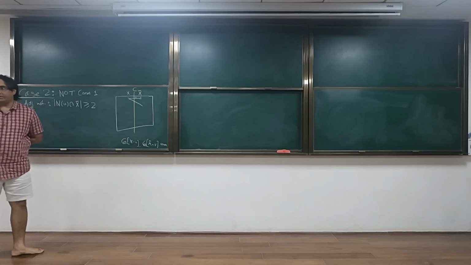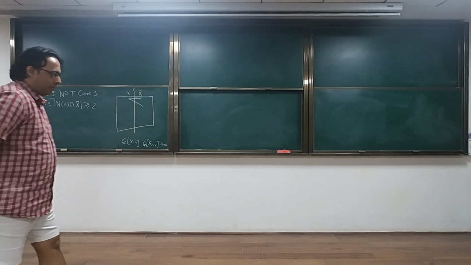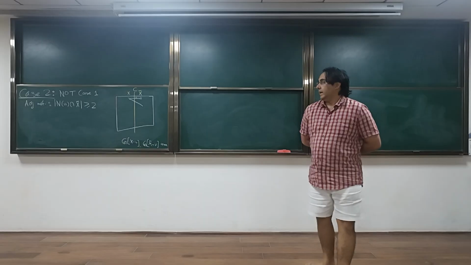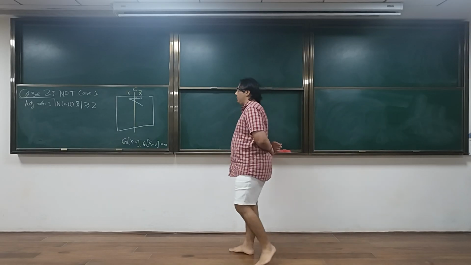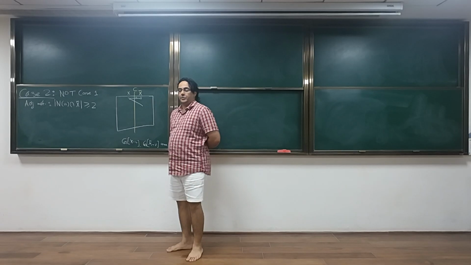And as I said, the general philosophy of this proof is to deal with a matchable graph that satisfies the hypotheses of lemma 5.5. In the earlier case, that matchable graph was very natural in some sense. It was G minus u minus v.